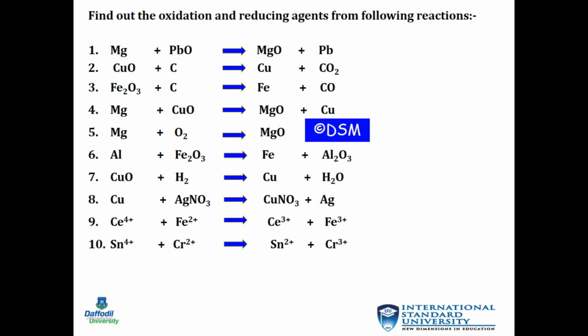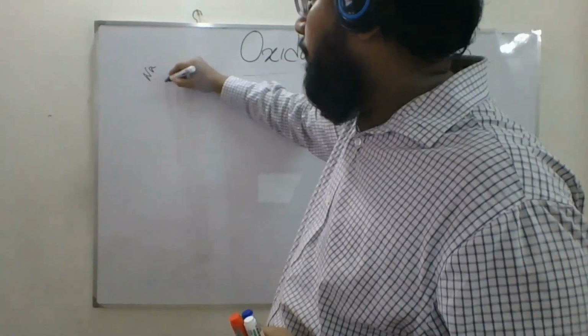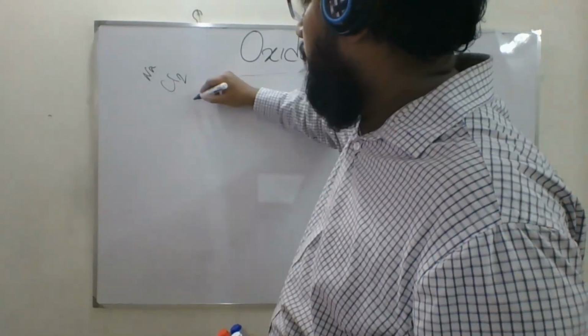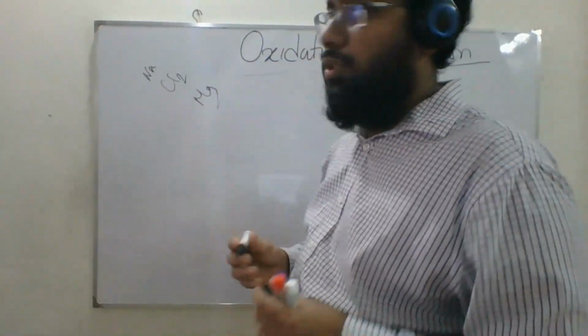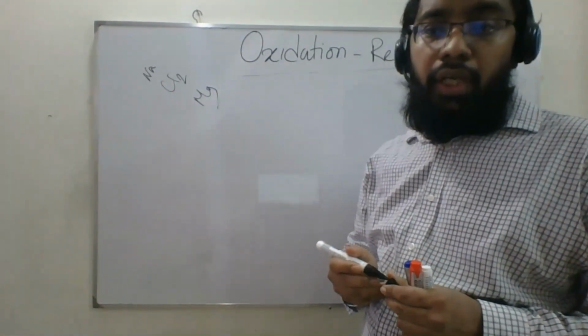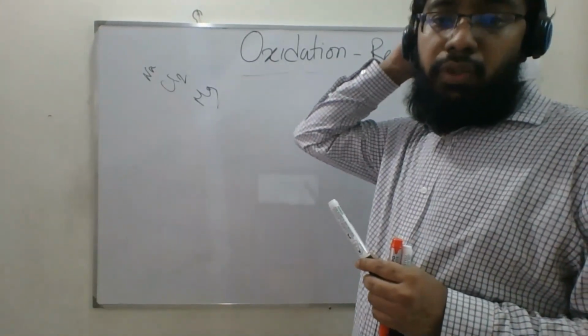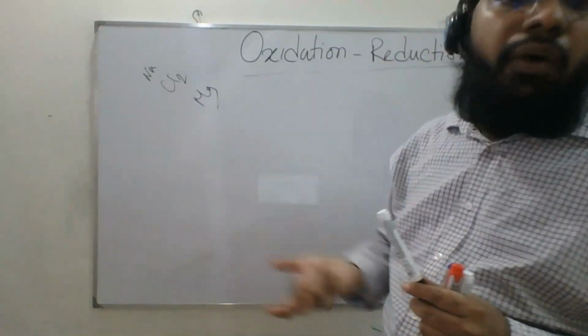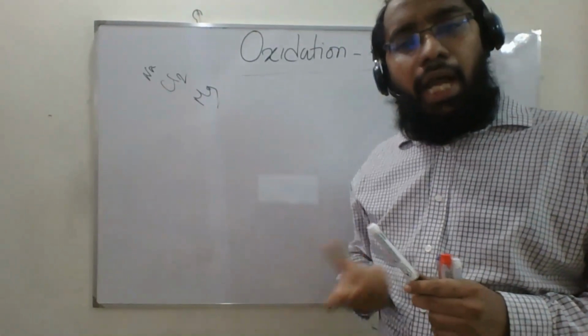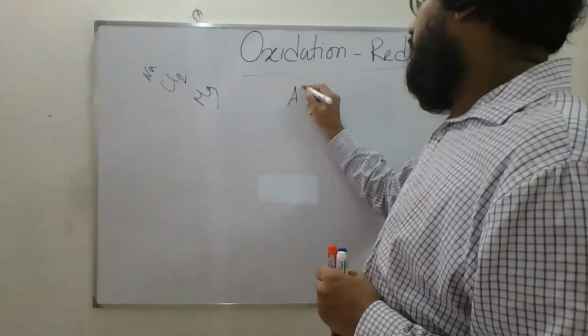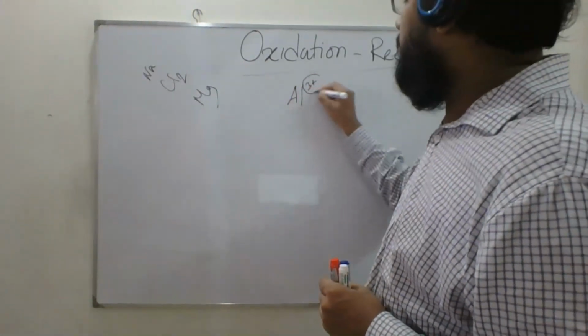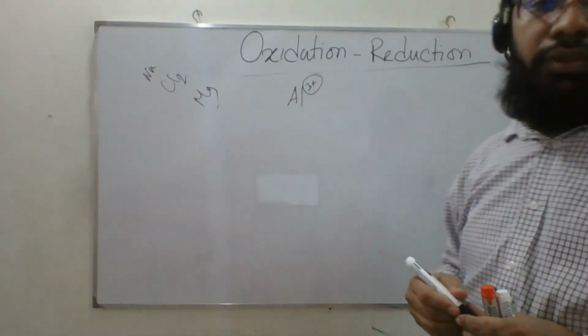That means if we have sodium, chlorine, or magnesium, their oxidation number is always 0. Then for an ion, like aluminum 3 plus or oxygen 2 minus, the oxidation number is just equal to its charge.